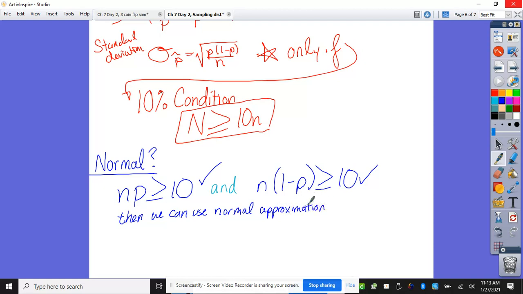I get extremely picky right here for the first couple weeks. Did I say it is normal? No. I just said we can use a normal approximation. It is close enough that the numbers from the green sheet would be reasonable enough to use to estimate, not that it perfectly fits that curve exactly at every spot.